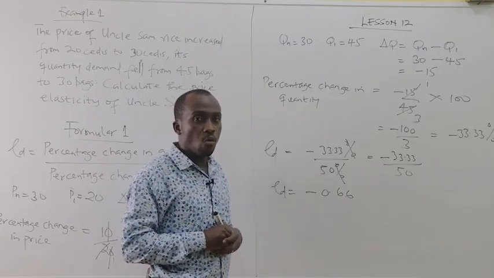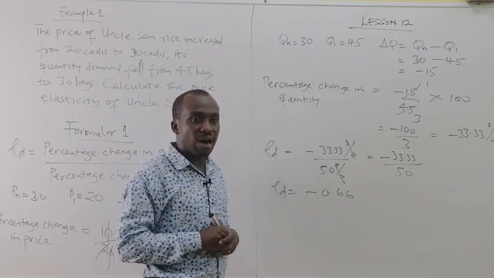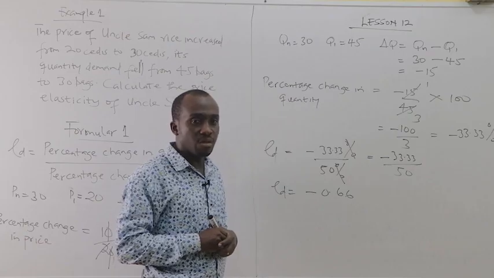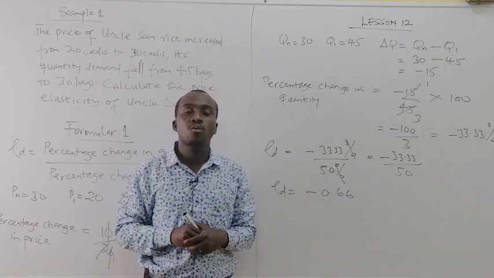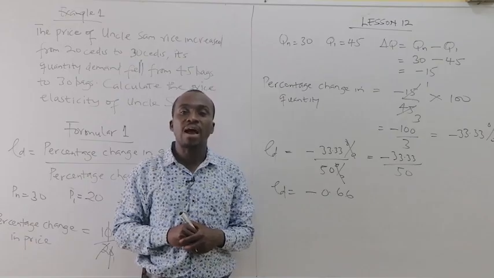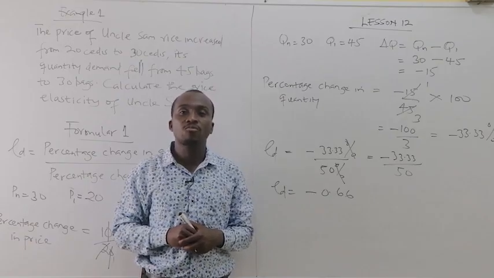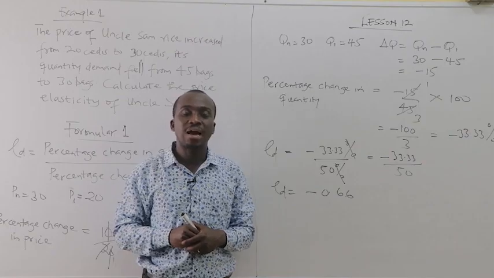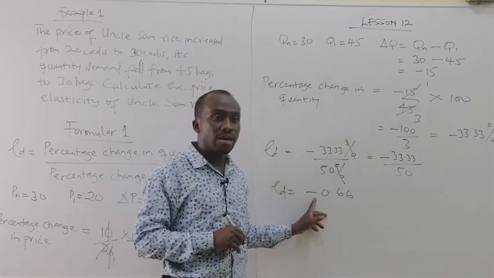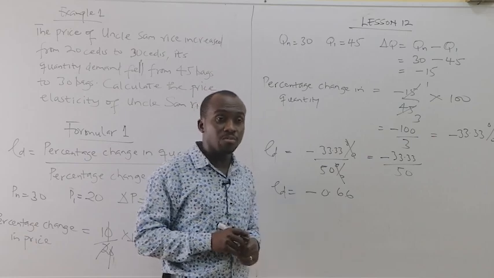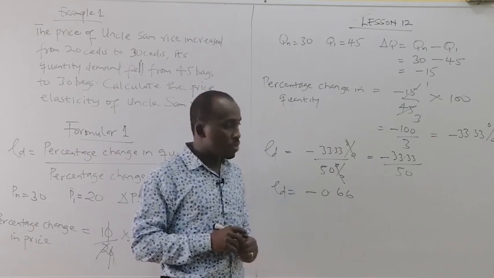And let me say that anytime you do price elasticity of demand, you're going to get a negative figure. Why? Because the relation between price and quantity demanded is negative. If price goes up, demand will fall. If price goes down, demand will rise. And therefore, the elasticity of demand is always what? Negative. Right? So anytime you calculate price elasticity of demand, your answer should be negative.